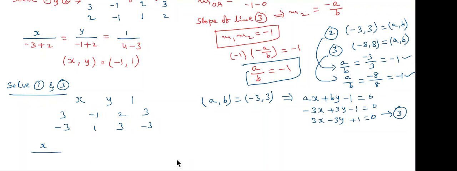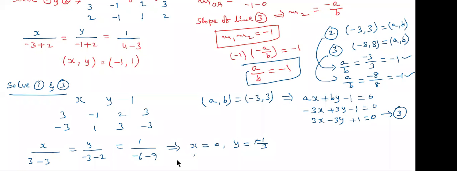What is the point? 3 minus 3, y by -3 minus 2, 1 by -6 minus 9. Here observe that the x point is 0, then what is y? Minus 1 by 3, sorry, plus 1 by 3. Overall the point is 0 comma 1 by 3.